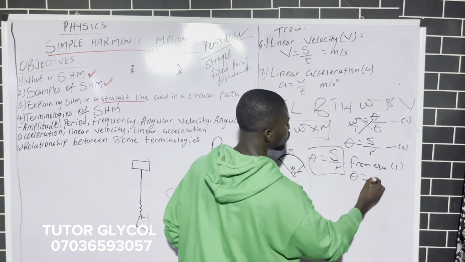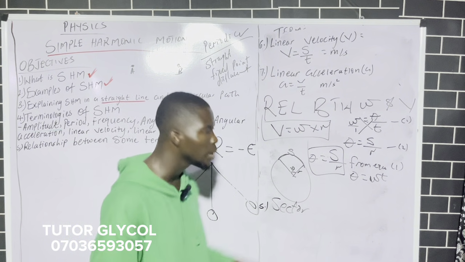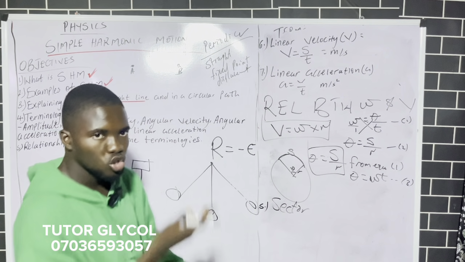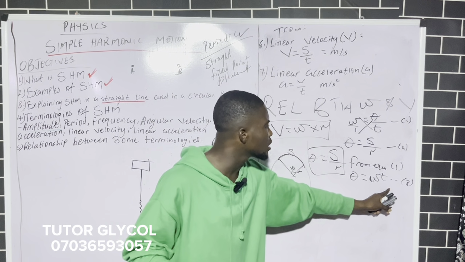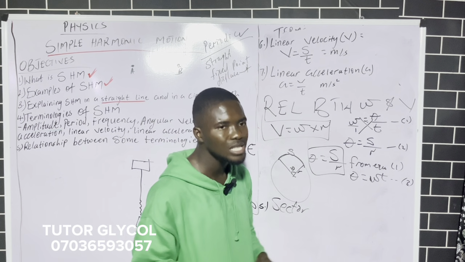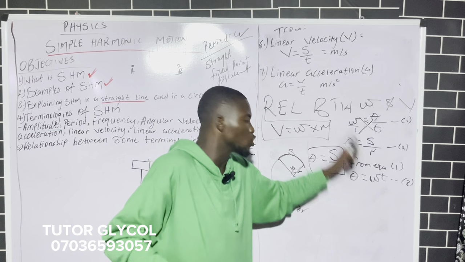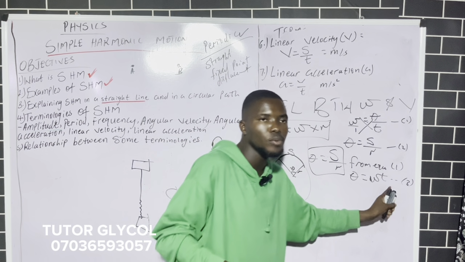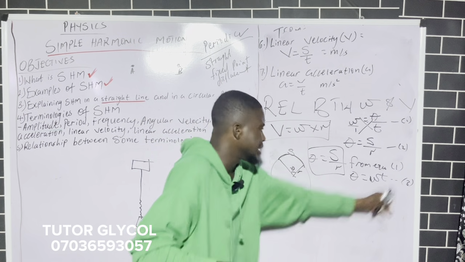Theta is equal to wt, where w is the omega. Let me call this new equation, equation 3. I'm using substitution, or simultaneous equation, now. If I put equation 3 inside equation 2, what does it mean? Anywhere I see theta in equation 2, I will put equation 3 there. Theta equal to wt means that anywhere theta is, it is wt.